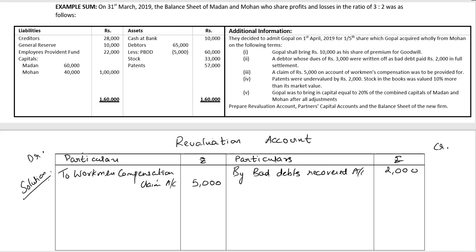The fourth point, patents were undervalued by ₹2,000. We need to increase the value of patents. So by patents account, ₹2,000.